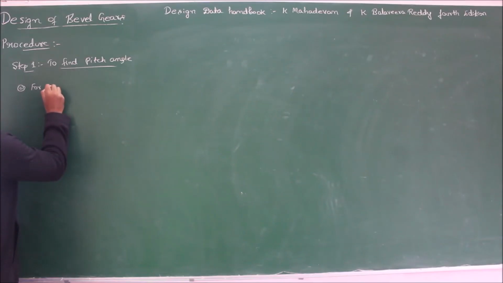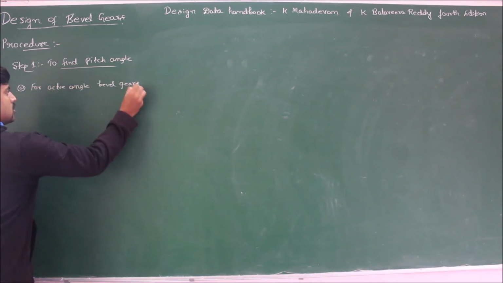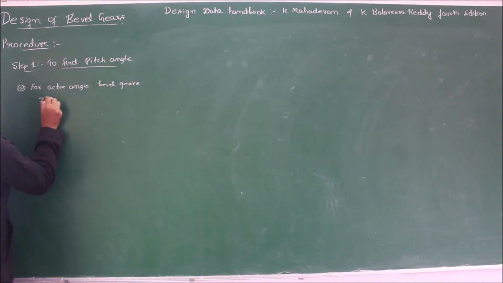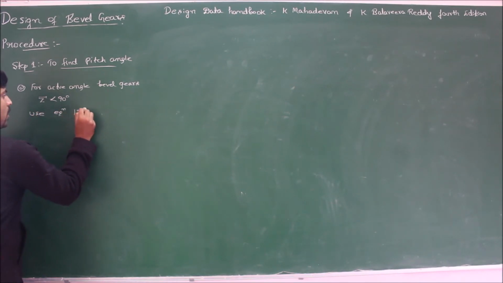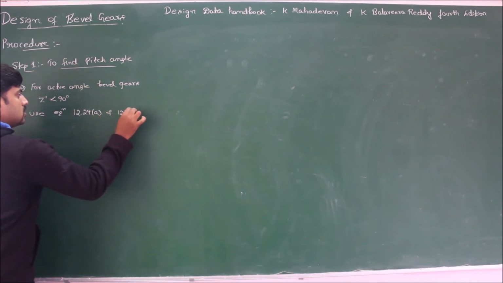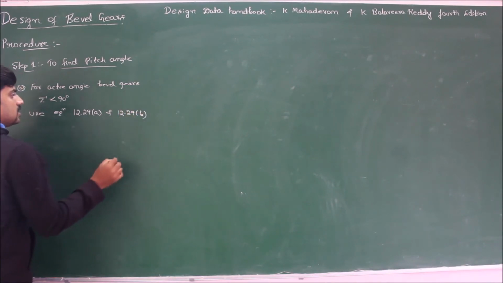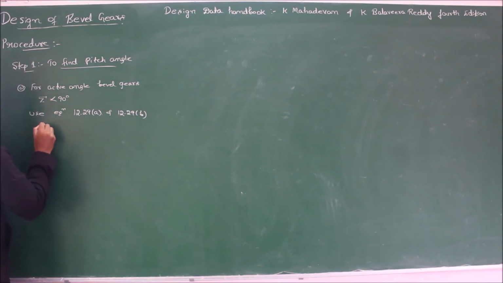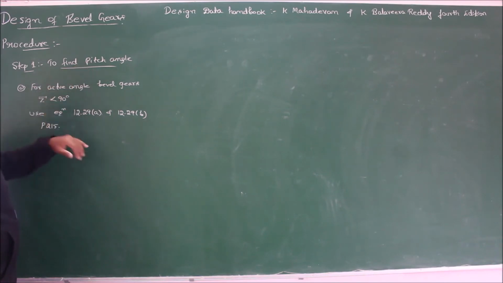For acute angle bevel gears, that is bevel gears in which the shaft angle is less than 90 degrees, use equations 12.29a and 12.29b, which are present in page number 215, and find the pitch angle of pinion and pitch angle of gear.